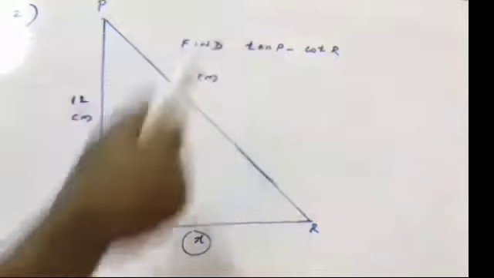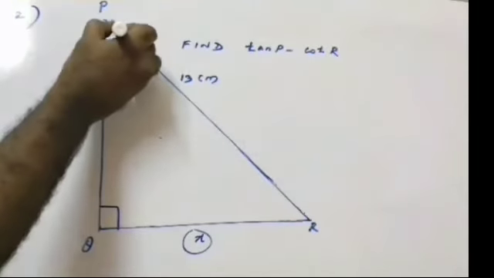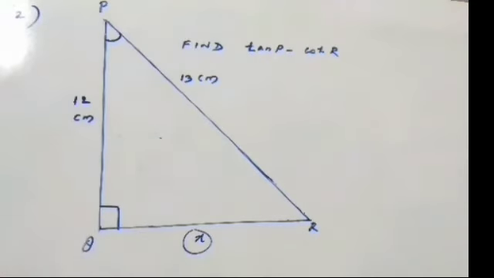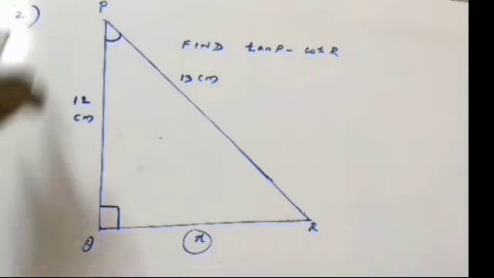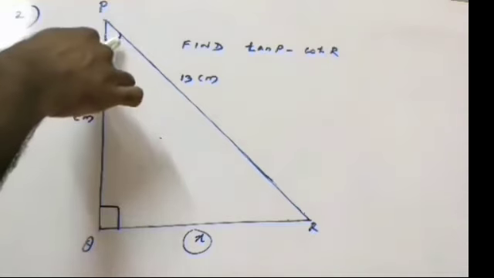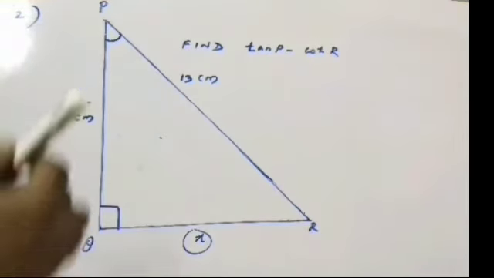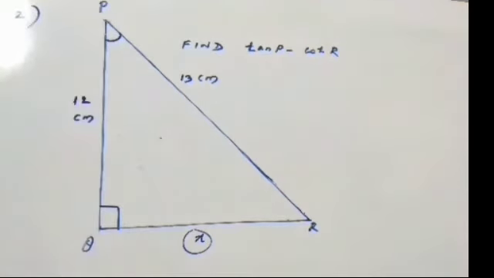Tan P, so put an angle here. Already I told the distance between angle and right angle is called adjacent side. So this is adjacent side. The vertical portion, that is opposite side. The slant portion is called hypotenuse side.